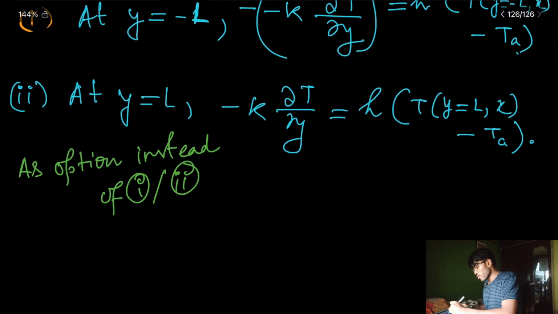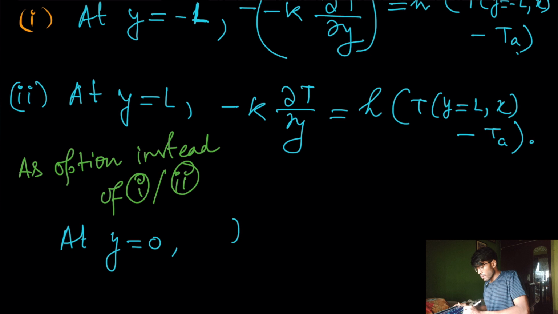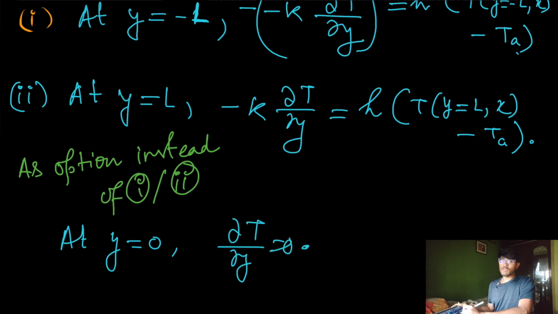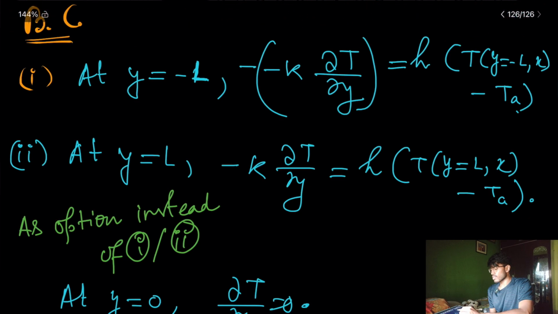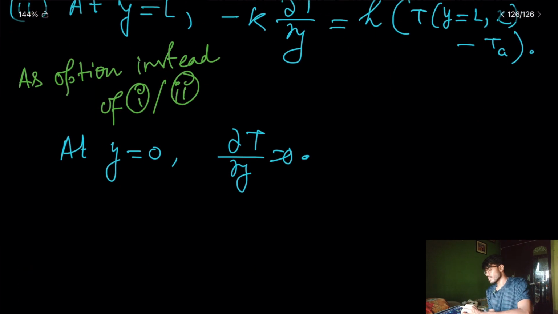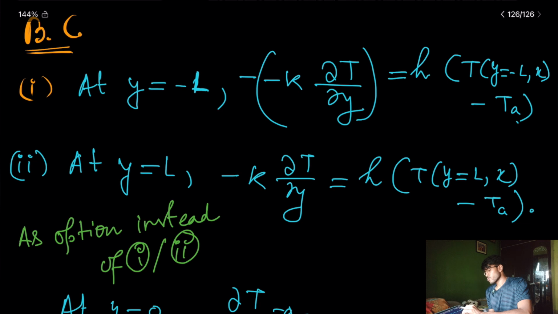So you can write at y equal to 0, del T del y equal to 0. Ideally you should have checked the symmetry. Ideally you should have done that. Clear?